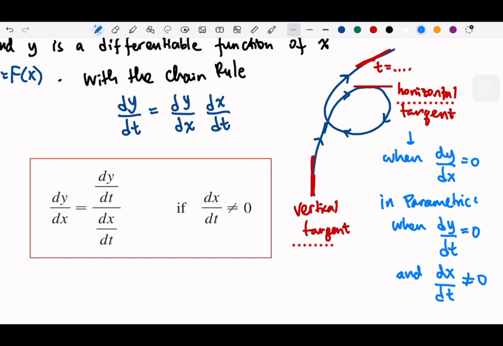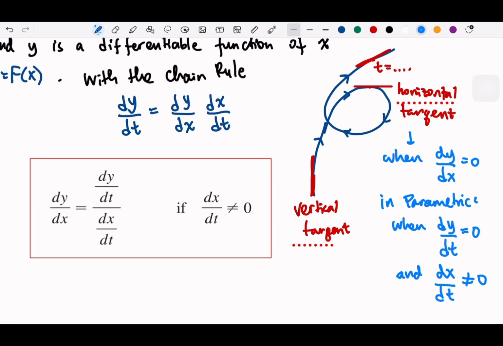Now how about the vertical tangent? It should be, quote unquote, infinity. To be infinity, you need to have some number divided by 0, so you need to flip the definition.